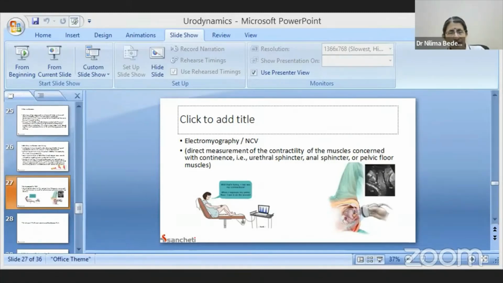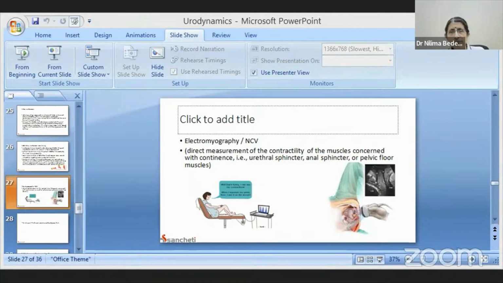So if it is found during the urodynamics test that there is overactivity, this cystometry will show that there was a pressure change with or without provocation. So with provocation, with the sensory, motor, with provocation.